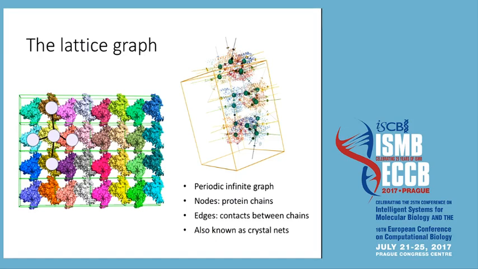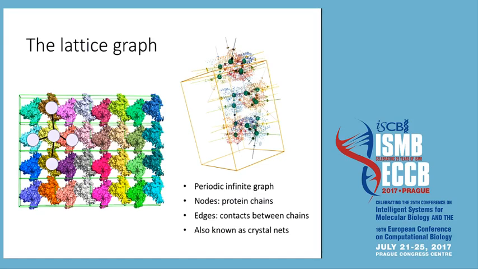The best way to do that is to represent the crystal as a lattice graph, where the chains are the nodes and the edges are the interfaces between the chains. This is how it looks in 3D. This is a periodic infinite graph, and a tool used a lot in mathematical crystallography. They are called crystal nets, especially in relation to small molecule crystallography.